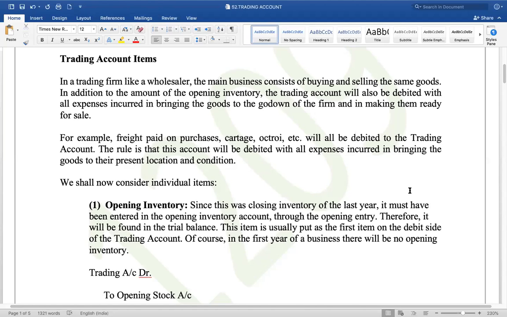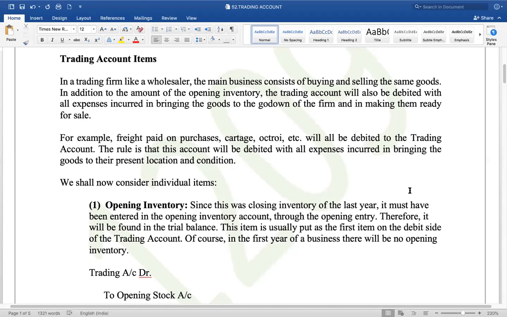Now 2 lakhs is the cost and 20,000 are the incidental expenses for the machinery. When you are recording in the books of accounts, you have to account for 2 lakhs 20,000, not 2 lakhs.